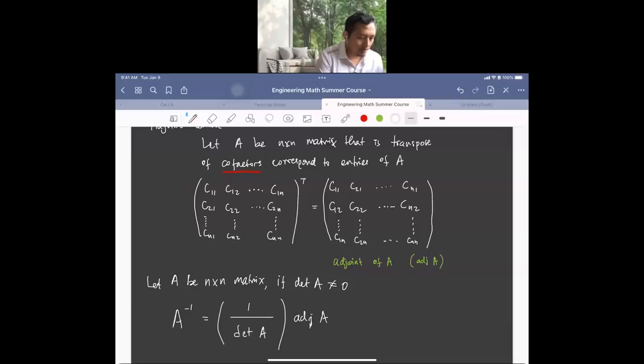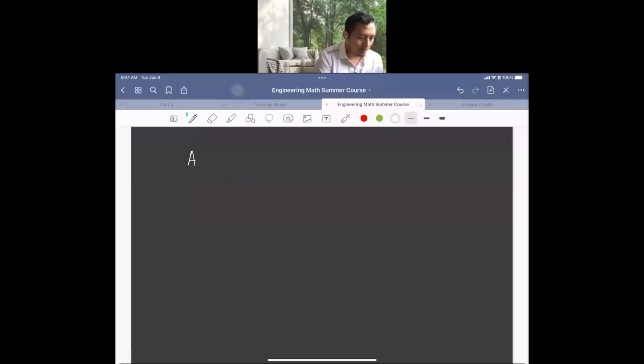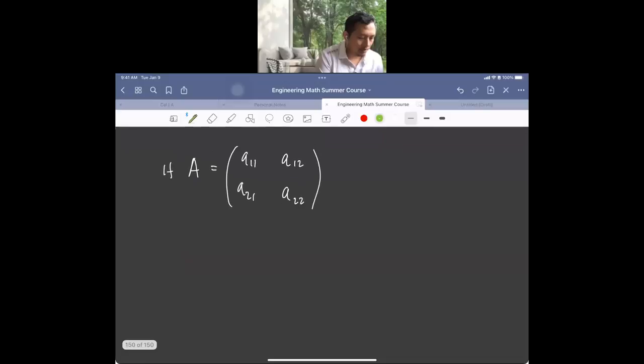Let me just give you a simple 2 by 2 matrix to see the inverse. Okay, let's just start with if A is A11, A21, A12, A22. The cofactors, if you want to make the cofactors, this is simply A22.